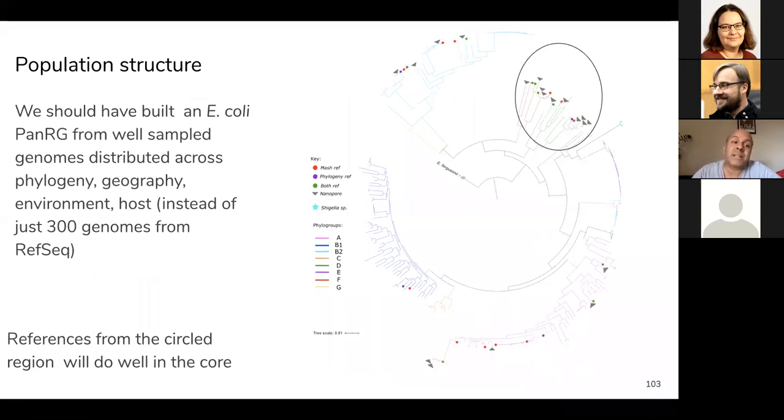So we should have built our E. coli pan-RG from well-sampled genomes from across the phylogeny and geography and environment and host. We could have used the tree to select samples from which to build our graph. But instead, we just took 300 genomes, 350 actually, from RECOMB-Seq. And what happens is, if you choose references within here, because there are many samples in there, you're more likely to do well. So that's nearly the end.